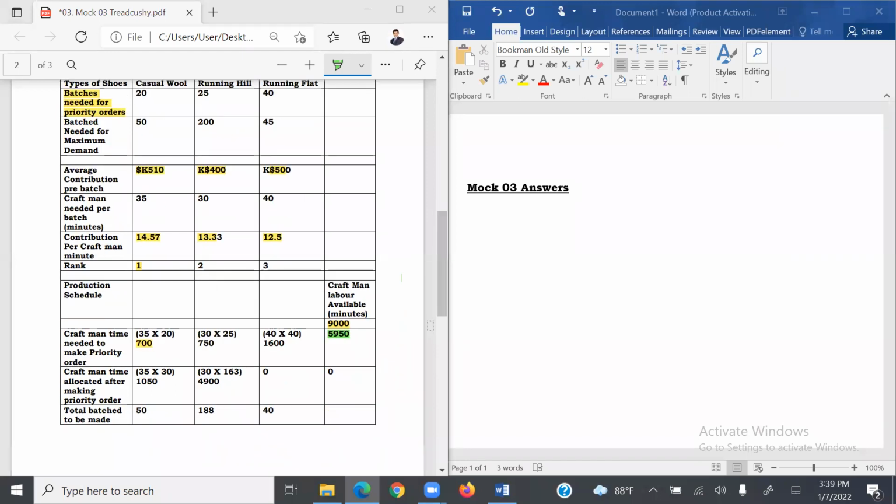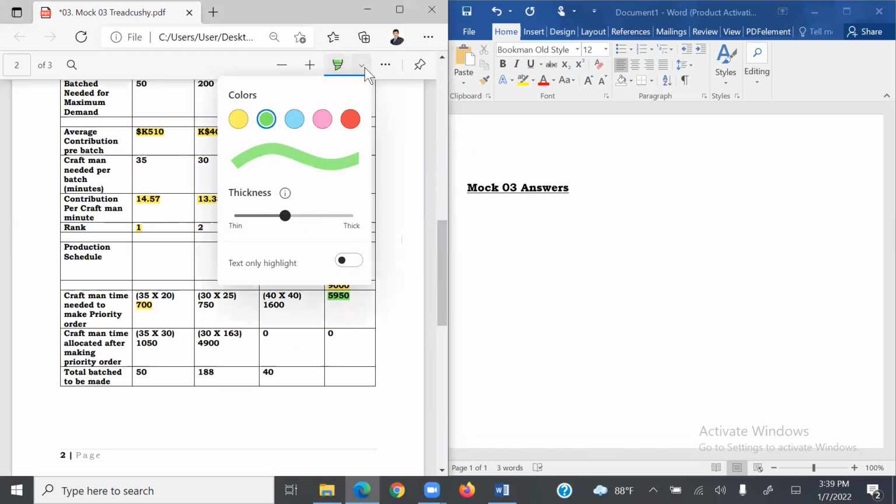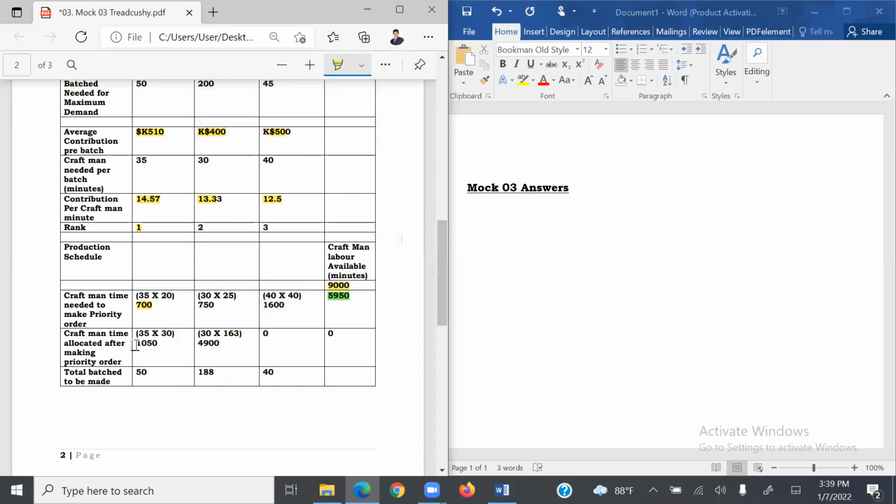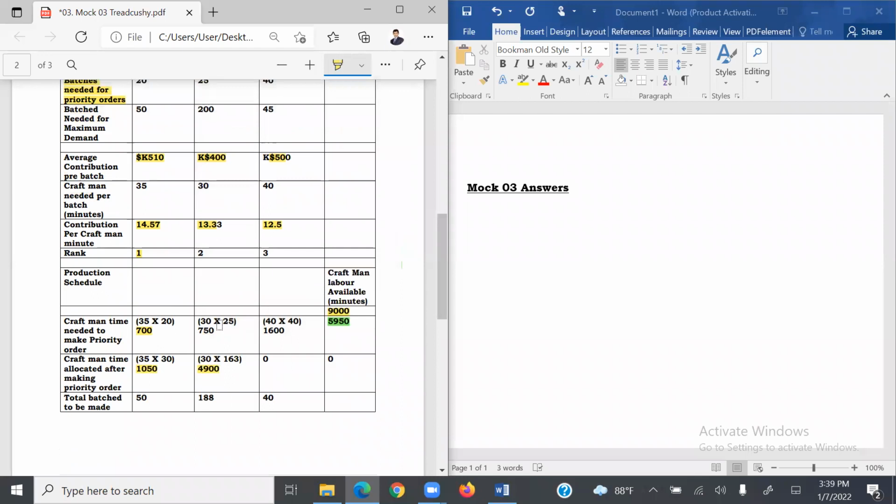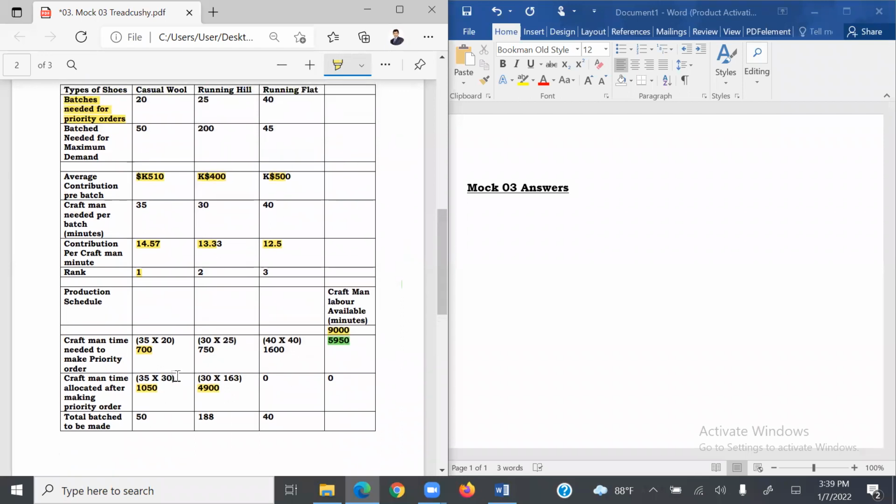Thank you. Now, if you come to the next one, you observe 35 into 30, that's 1050. 30 into 163, 4900. So you can observe here what has happened. First of all, if you see 35 minutes, and they have given priority number 1, that means after manufacturing 20, the balance 30, that is the total 50 here.